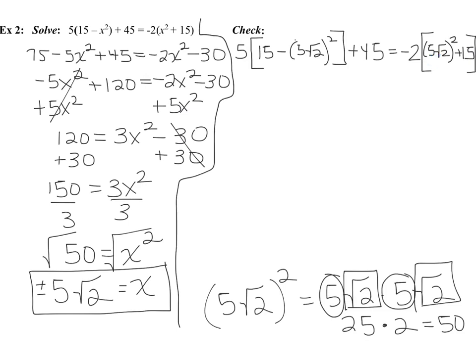So now the check is going to look just like a normal check after that. So I'm going to have now 5 on the outside. I'm going to change my brackets to parentheses, and make it 15 minus 50 plus 45 equals negative 2, and then in parentheses, the 5 square root of 2 squared is 50 plus 15.